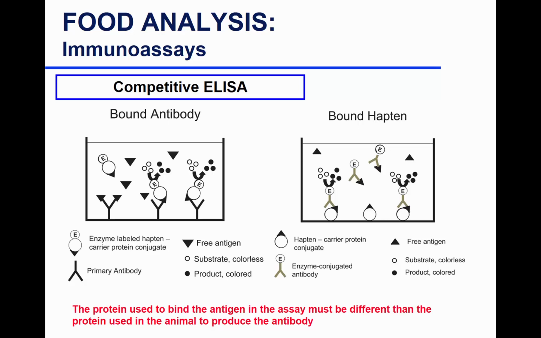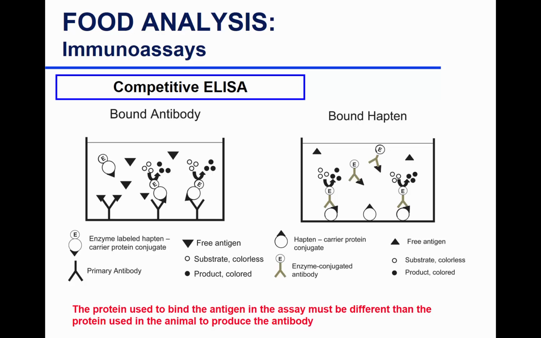Okay. So what happens now? The more antigen you have in the sample, the less labeled hapten is going to bind. So higher absorption means more antigen or less antigen in this case? Higher absorption, that means you have enzyme converting substrate to product.